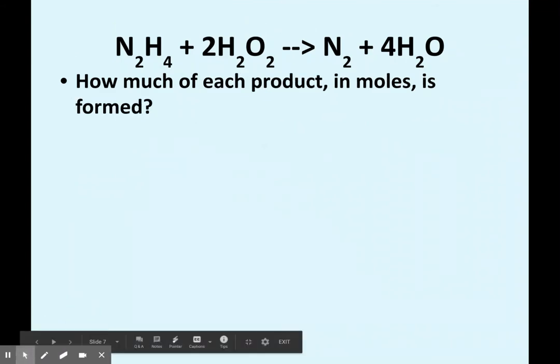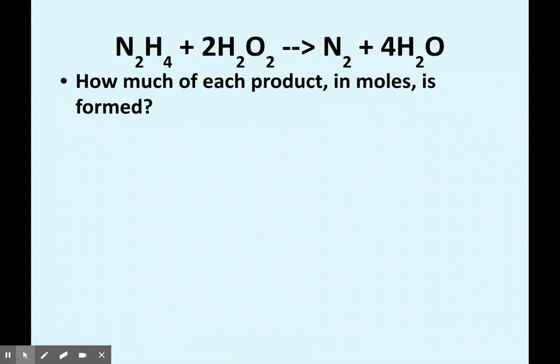Now the next one says, how much of each product in moles is formed? So we're still working on that same problem. We still have the limiting reactant was the H2O2, and there were 0.5 moles of that. We figured out in the first problem how many moles of N2 were formed.